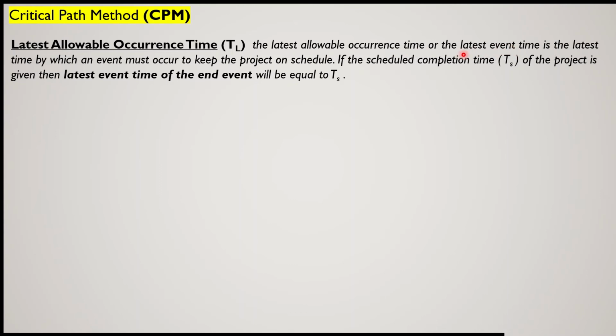In simple terms, the latest event time is the latest time by which an event must occur to keep the project on schedule, that means you can't delay the occurrence of that event beyond this time.